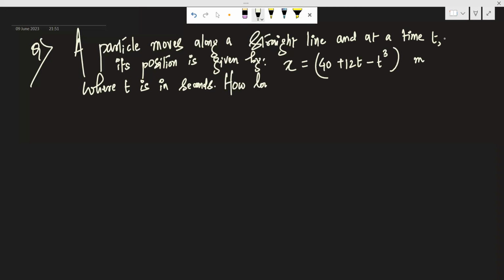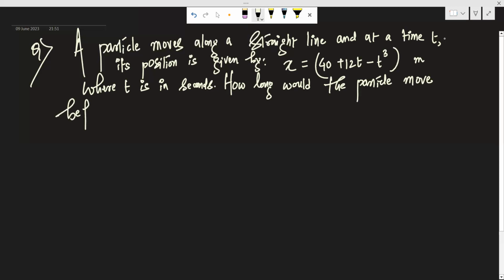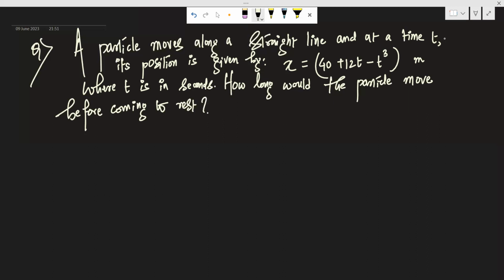how long would the particle move before coming to rest?